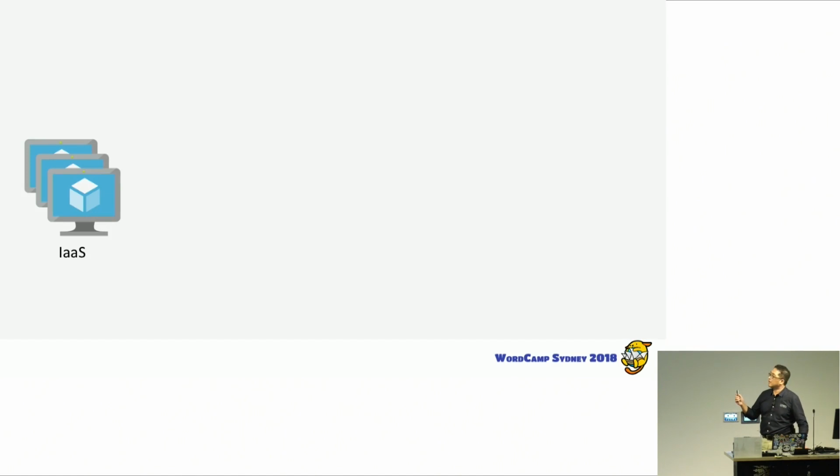Before starting, I'd like to review these diagrams. First of all, the way of deployment: we can use a virtual machine to deploy the WordPress application.